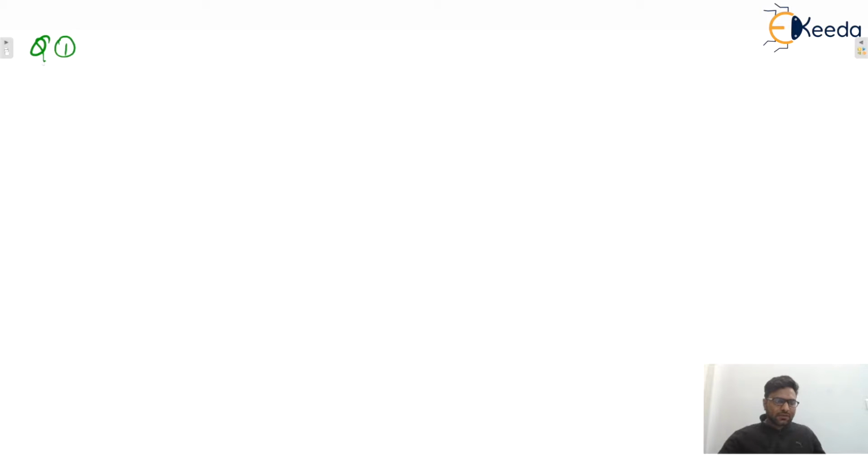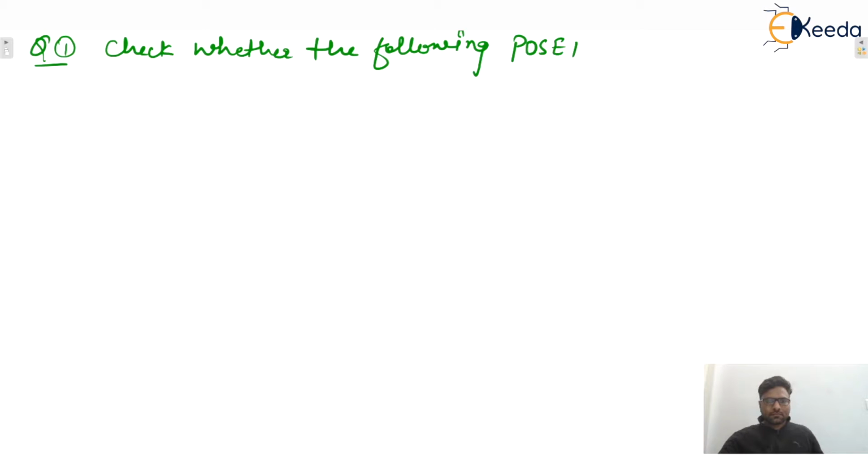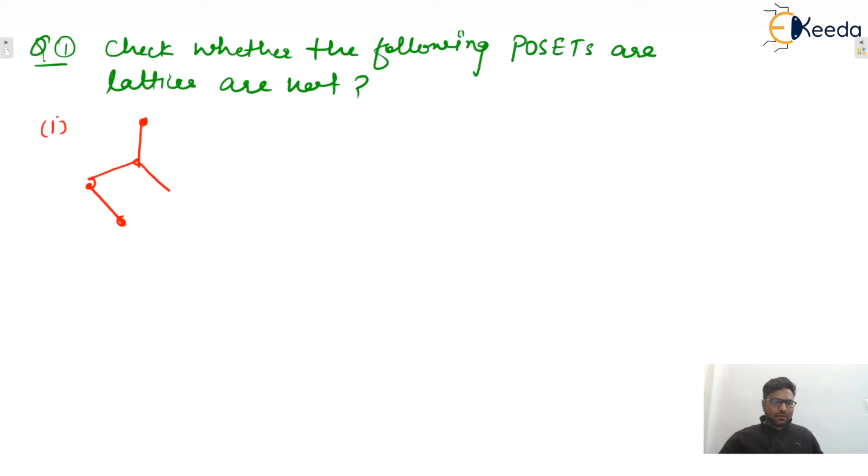Let us consider one example. Check whether the following posets are lattices or not. So let us consider the first one. Let's say this is the given Hasse diagram.